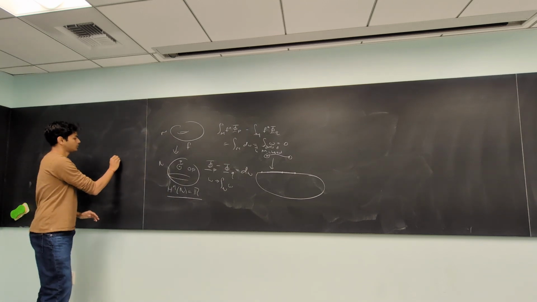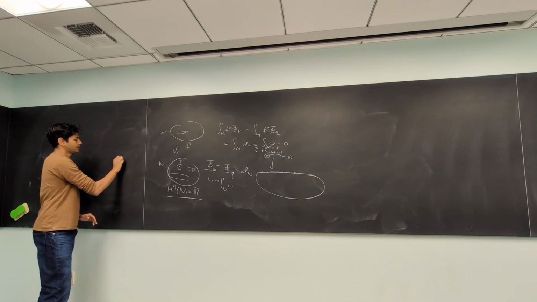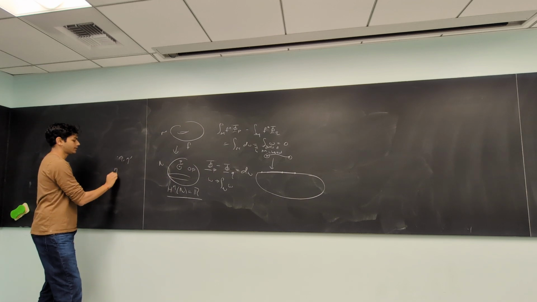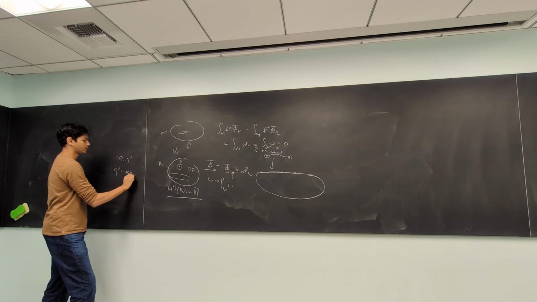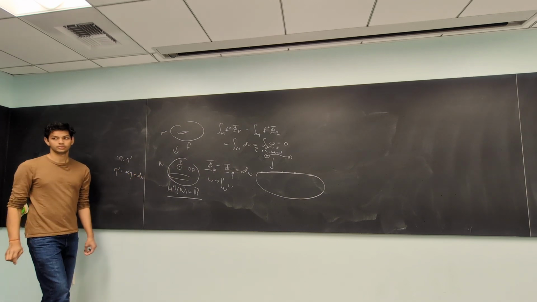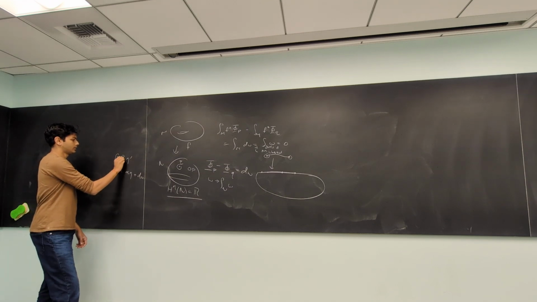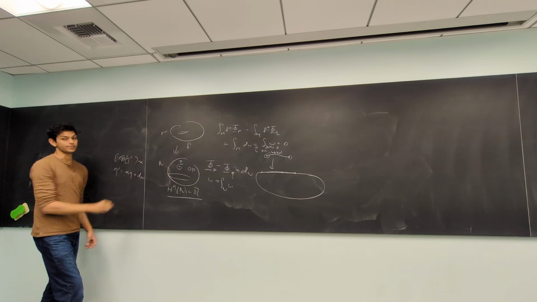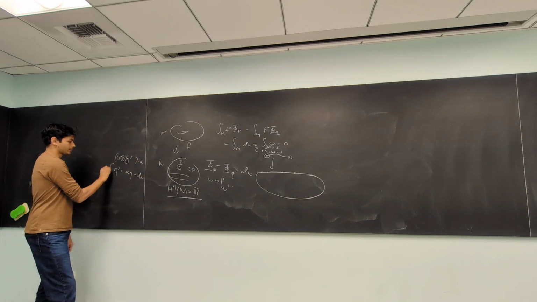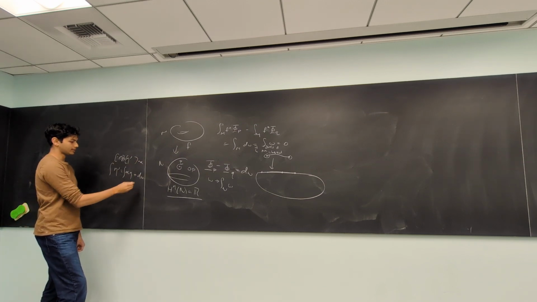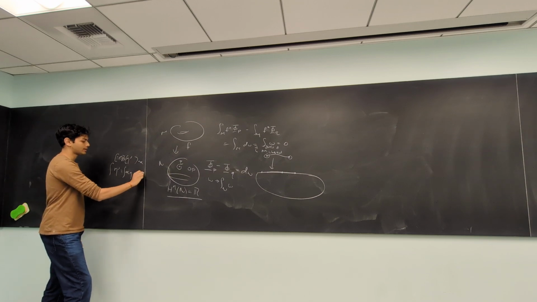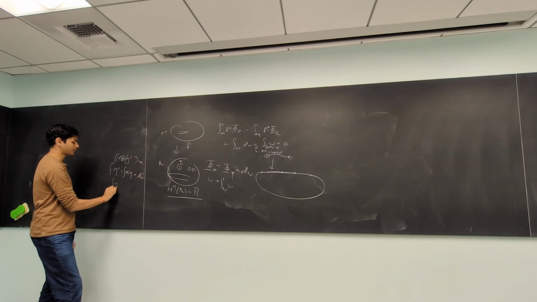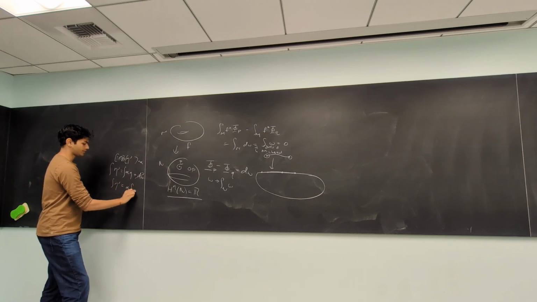If you have two forms, eta and eta prime, then you know from this that eta prime equals alpha eta plus d omega, because equivalent classes are multiples of each other. If we integrate both sides, the integral of d omega is 0 because N is a closed manifold, and we get that the integral of eta prime is equal to alpha times the integral of eta.